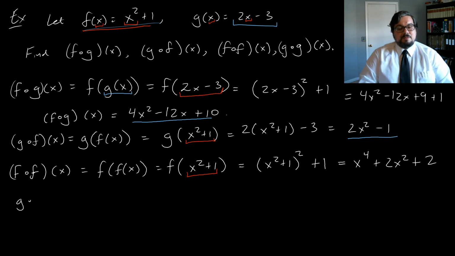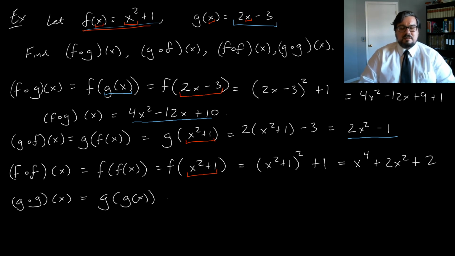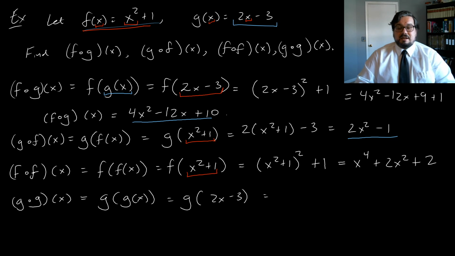And then finally, we can take g composed with g of x. That's going to be g of g of x, which will be g of 2x minus 3, which gives us 2 times 2x minus 3 minus 3. So we've taken the expression for g of x and plugged it back into g of x in place of x.